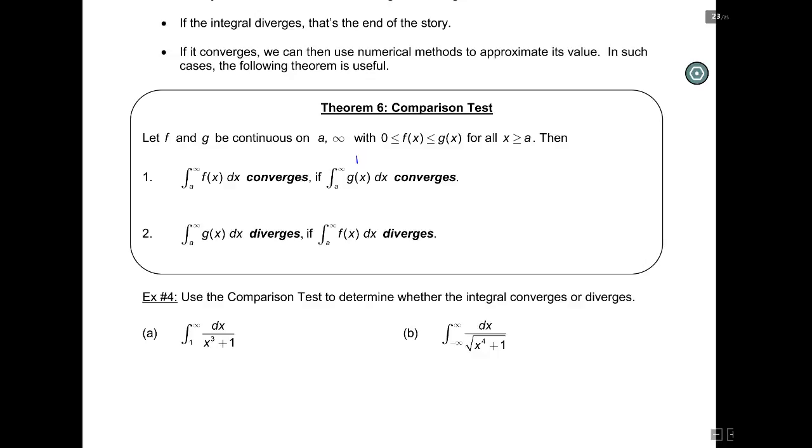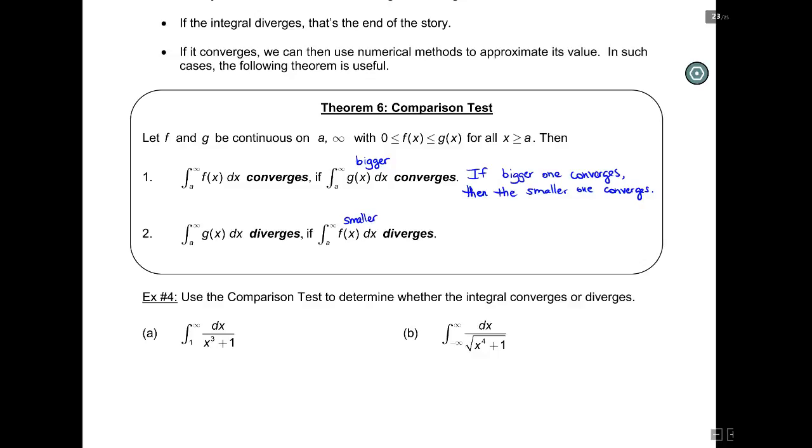And again, think of this as the bigger one. So if the bigger one converges, then the smaller one converges. And now what if the smaller one diverges?